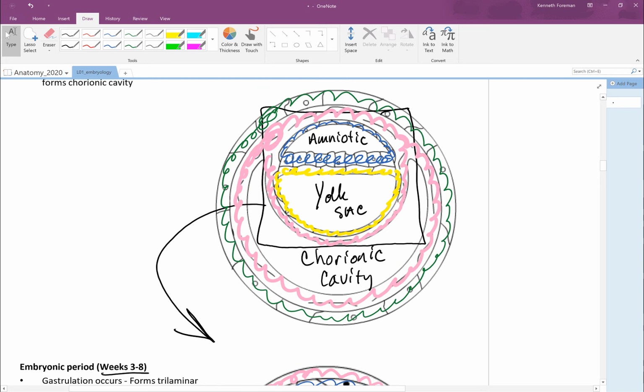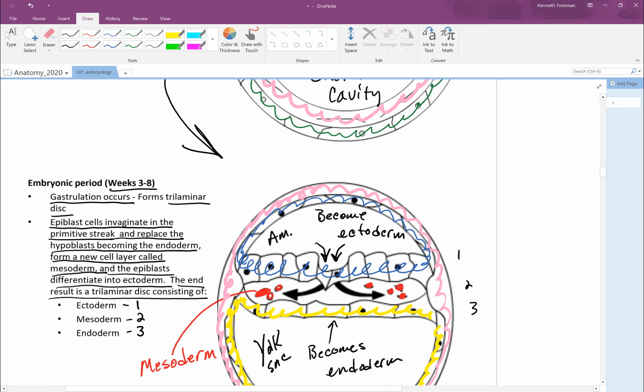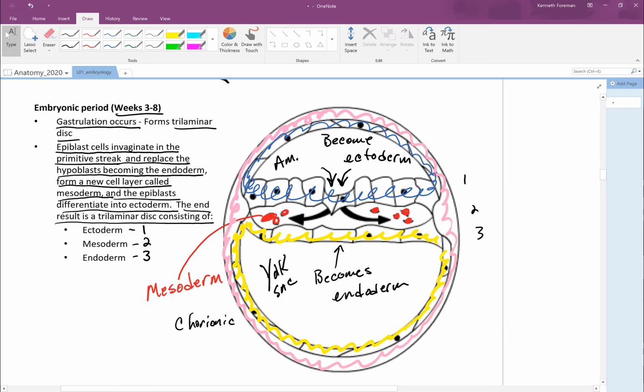We have our amniotic cavity, which is surrounded in blue, our yolk sac surrounded by yellow, and then our chorionic cavity surrounded in pink. Now, we're actually not going to look at anything outside this extraembryonic mesoderm, and we're going to basically just get rid of everything outside that chorionic cavity. And this is what it looks like.